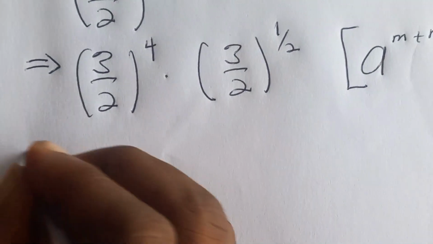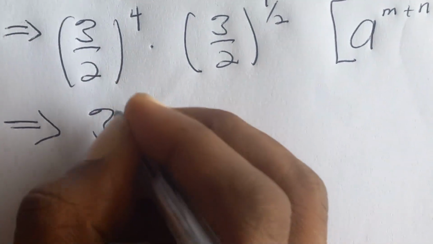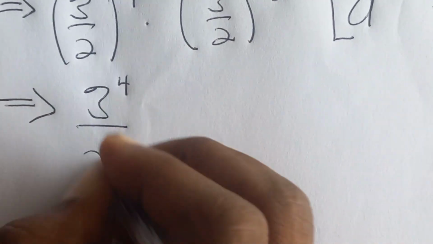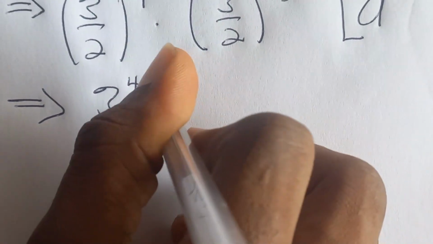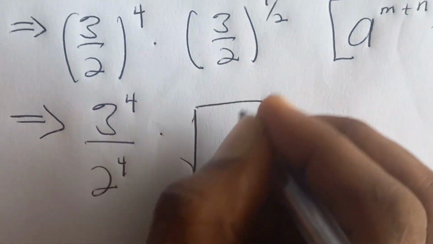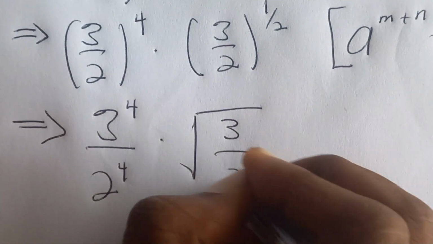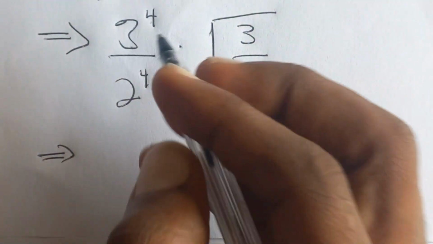Okay. So let's continue from here. When you simplify this, we are going to get 3 exponent 4 over 2 exponent 4, multiplying by this, the same as square root of 3 over 2. So 3 exponent 4 is 81.